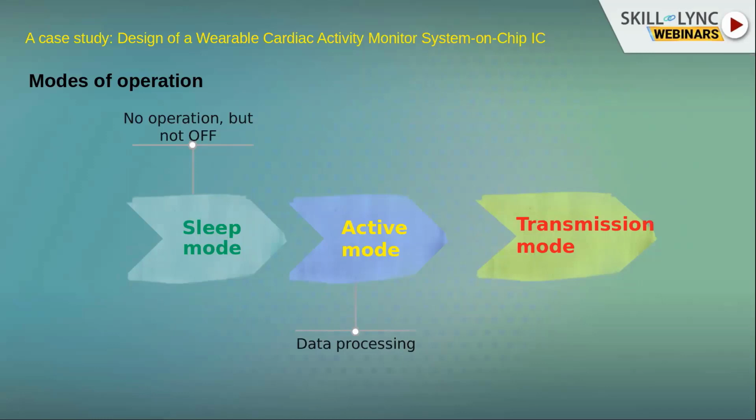The moment it identifies an irregularity in the cardiac signal it is receiving, the controller immediately starts the transmission mode, in which the Bluetooth device is made to be on, and the data is transmitted.